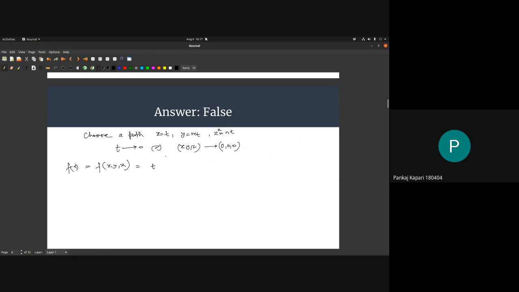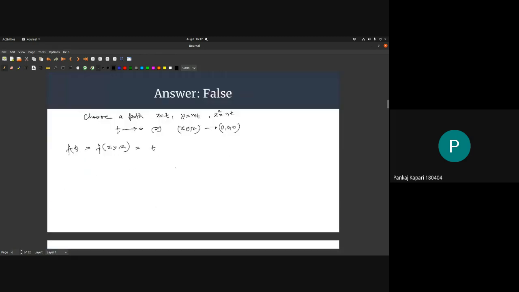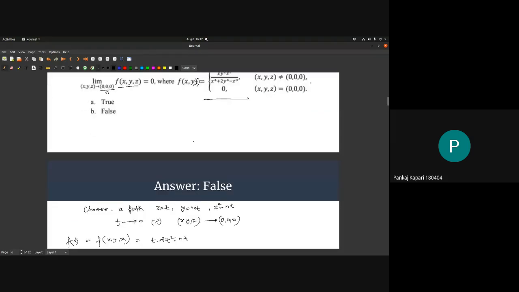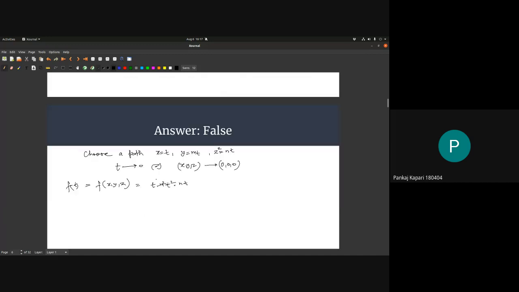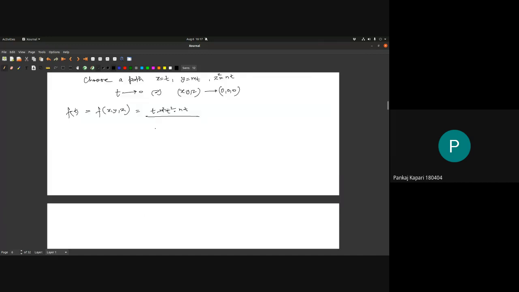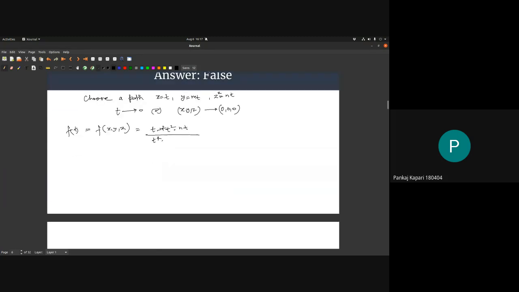So t times y square, which is nt, and then x to the power 4, that means t to the power 4, plus 2 times y to the power 4, that is 2 times (mt) to the power 4.